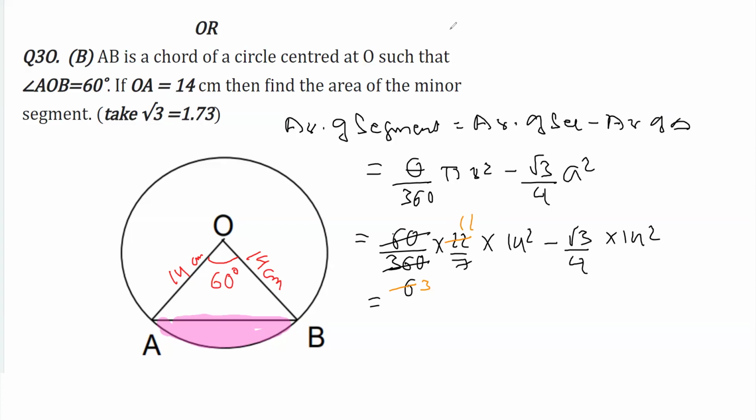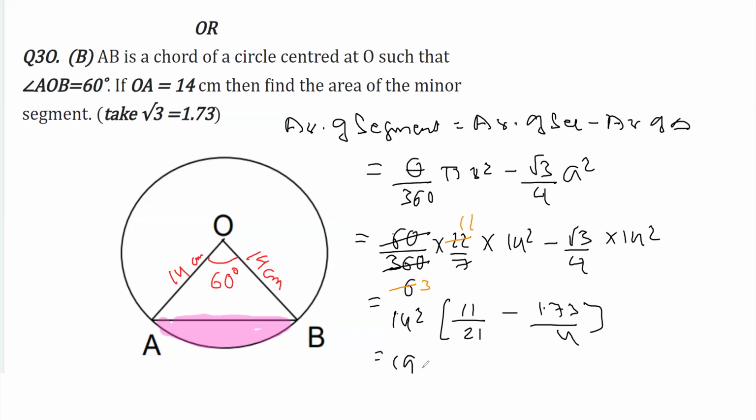So I can take 14 square as common, and what we are left with is 11 from here, and this is 21. Minus the value of root 3 is mentioned, so we replace root 3 with this over 4, as I have taken 14 square as common.